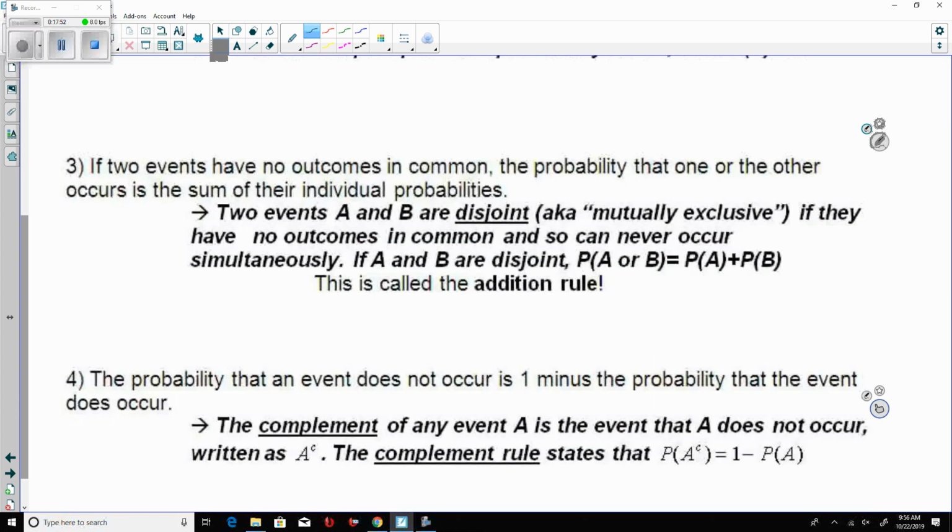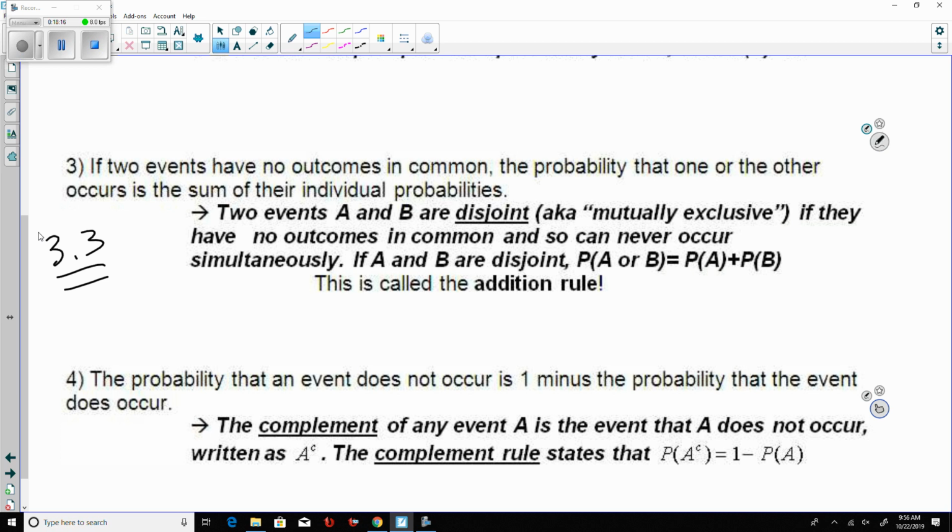This right here, we're going to get more into in section 3.3. If 2 events have no outcomes in common, then they are disjoint or mutually exclusive. I'm not going to spend a lot of time on this one. It's the addition rule. Like I said, we're going to see that in 3.3 and talk about it. It does say disjoint. Are they mutually exclusive?